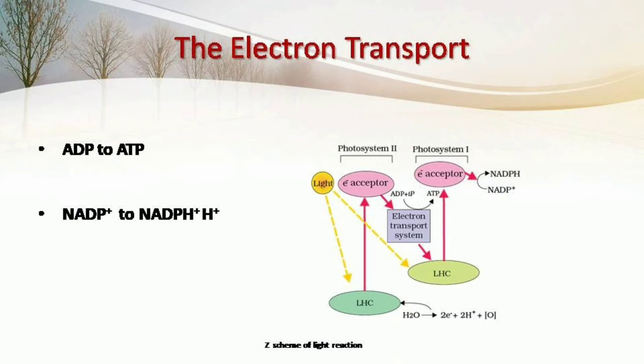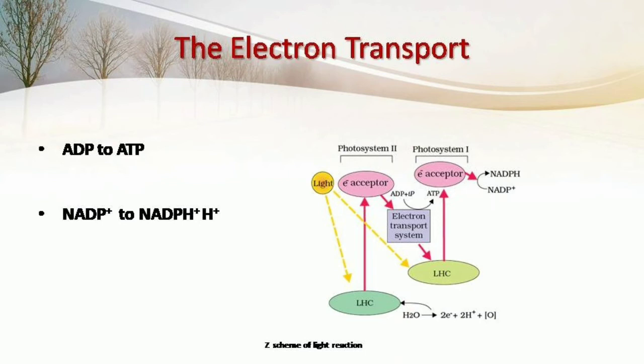Let's look at the electron transport. We know that there are two photosystems, photosystem 1 and photosystem 2. In photosystem 2, the reaction center chlorophyll A absorbs 680 nanometer wavelength of red light, which causes the electrons to get excited. These excited electrons are picked up by an electron acceptor. Then this passes to the electron transport system.